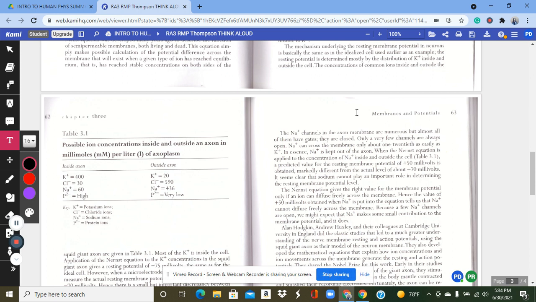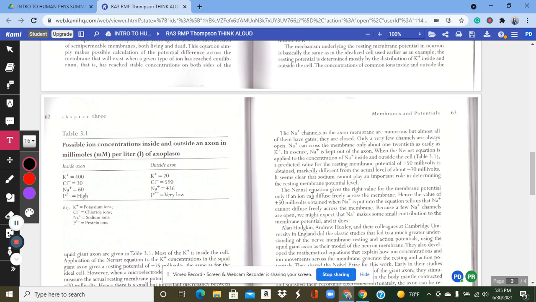When the Nernst equation is applied to the concentration of sodium inside and outside the cell, table 3.1, which one? Sodium inside 60, outside 436. So, a predicted value for the resting membrane potential of 450 millivolts is obtained.